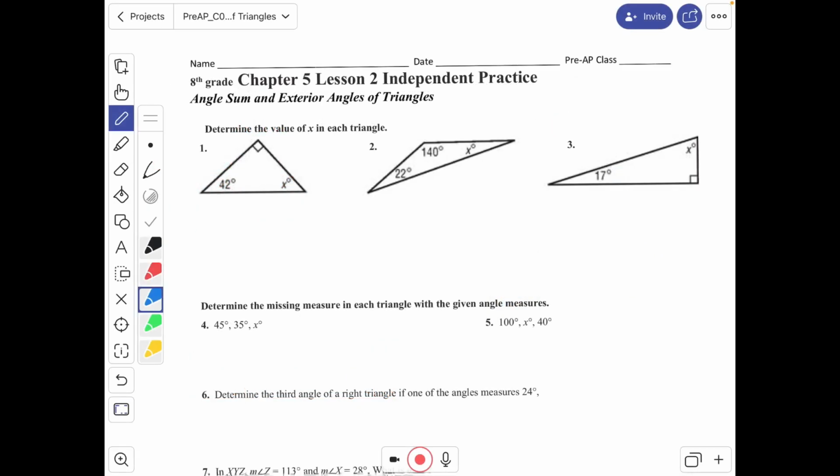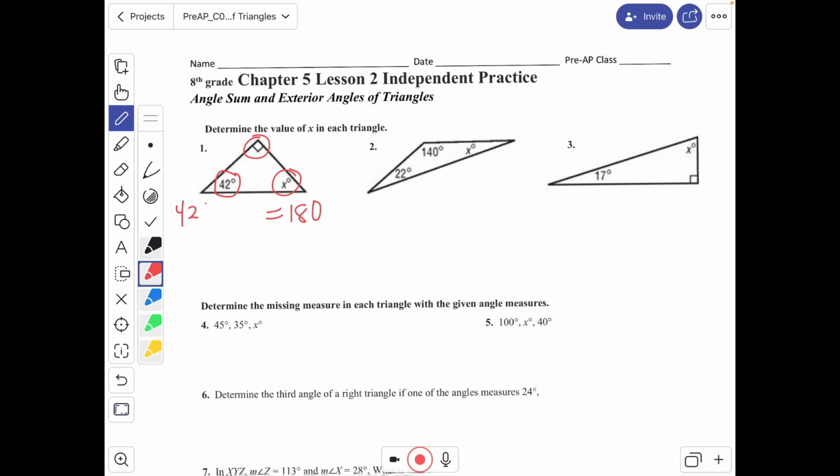Let's go over some of the examples you're going to be doing today. So it's very similar to a lesson we've already done, where you're going to be determining the value of x in each triangle. And you should know that that plus that plus that is going to equal 180. And you just solve for x. And same thing for 2 and 3.